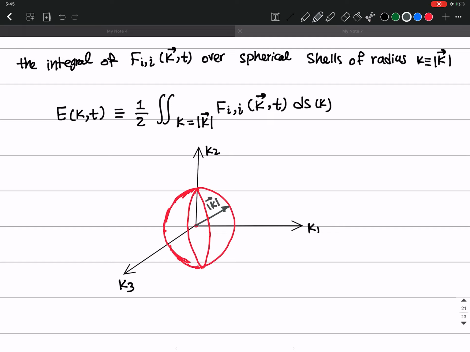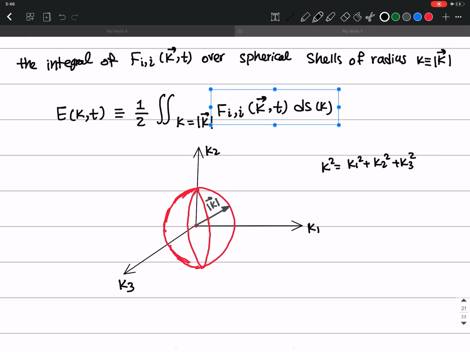So we take the integral over these spherical shells, and we know that k squared is k1 squared plus k2 squared plus k3 squared. We define this 3D spectral function E(k) to simplify.